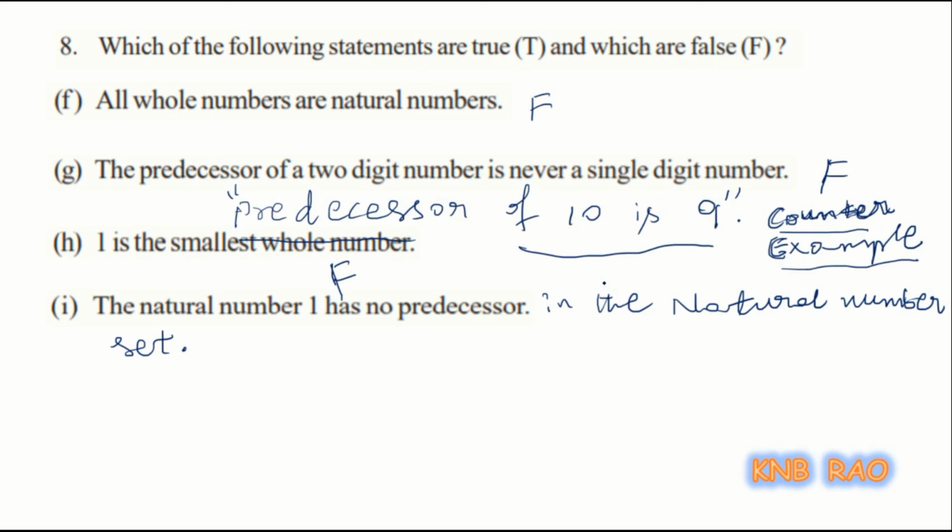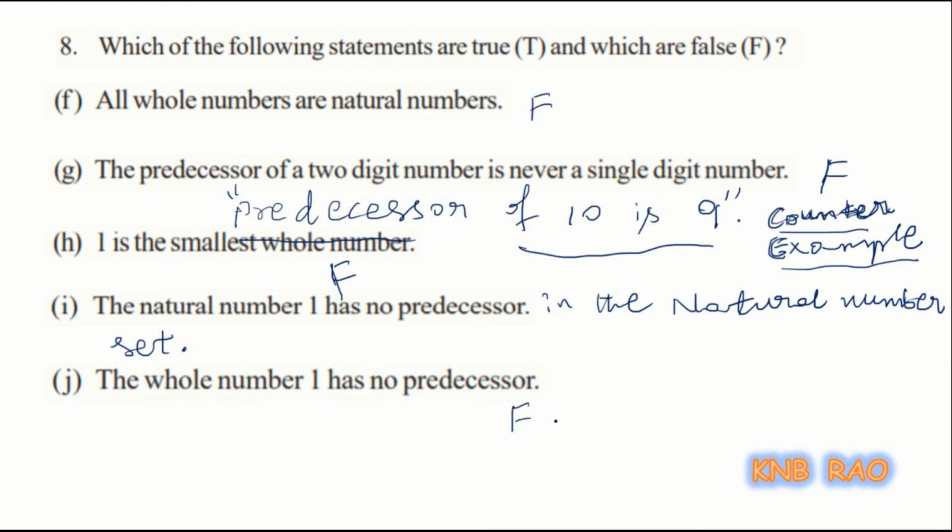Yes, natural number 1 has no predecessor in that set only. In general, 1 has a predecessor, which is 0, and 0 is there in the whole number set, with which we started our topic, whole numbers. Now coming to the 10th statement. The whole number 1 has no predecessor. It is false. Why? Because he is expecting us to say the whole number 1 has no predecessor in the whole number set.